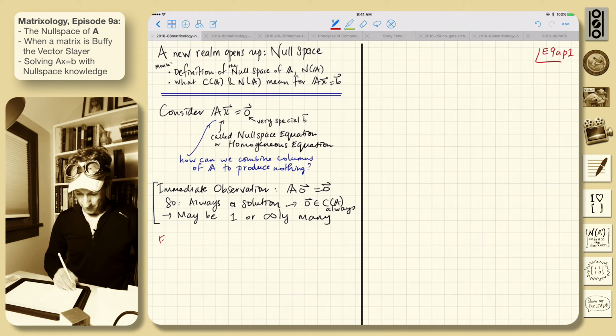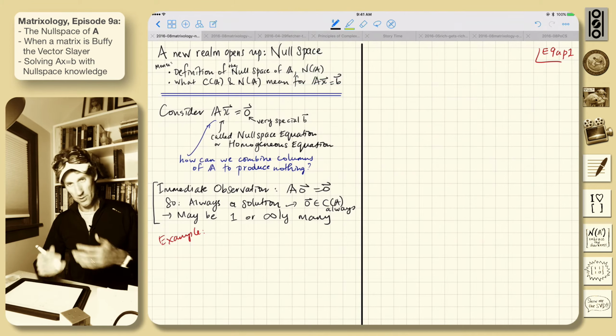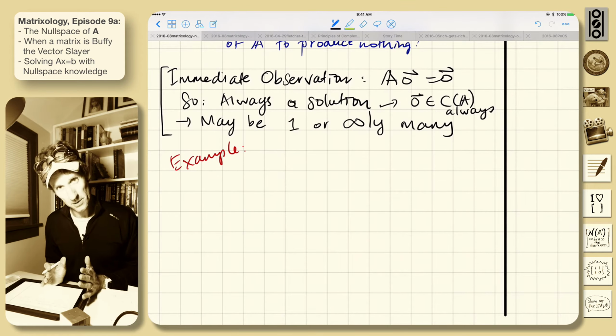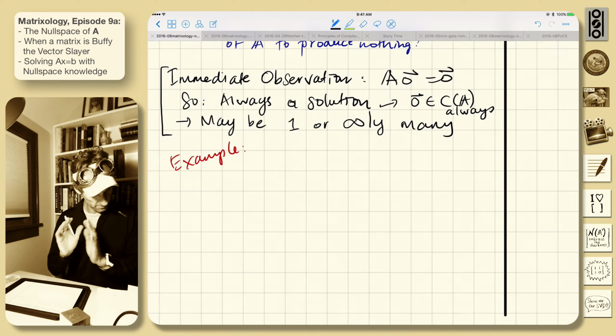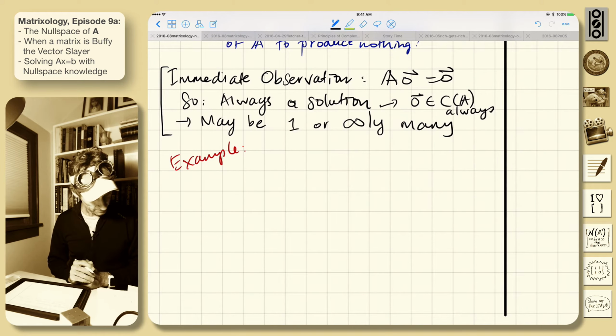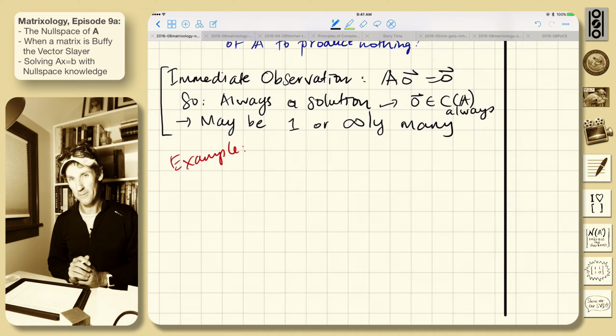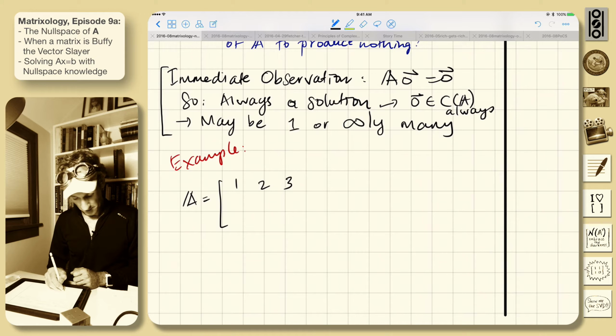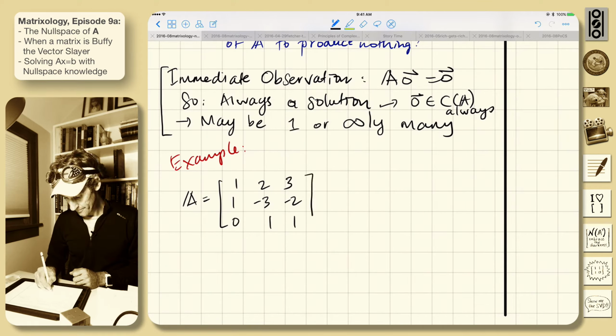So an example, and this is one where I'll just tell you some solutions. We're not going to grind our way through it. It will be row operations again, bigger things, but the stuff we learn at the start of the course will matter all the way through. Let's try this one: A equals the matrix with rows 1, 2, 3 and 1, minus 3, minus 2, and 0, 1, 1.